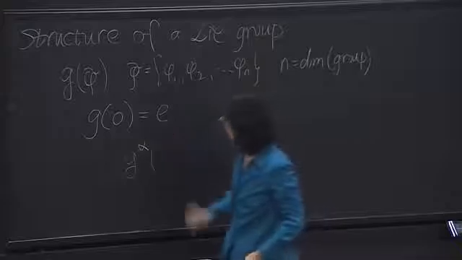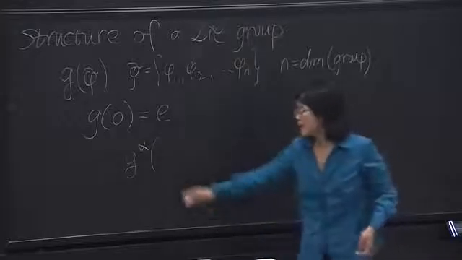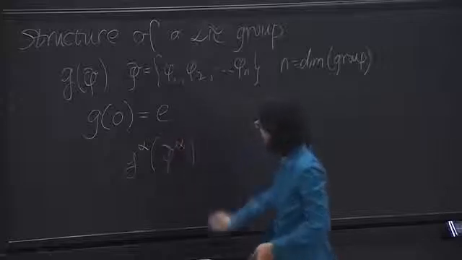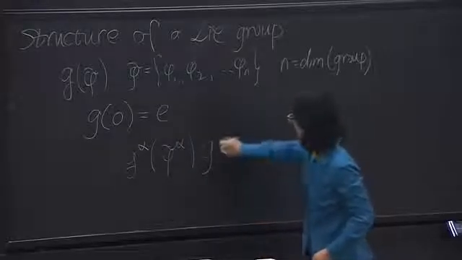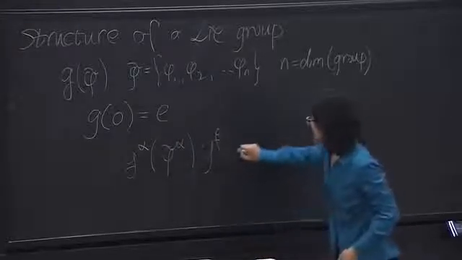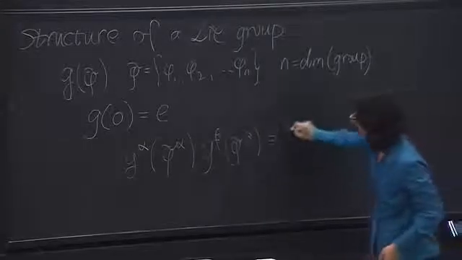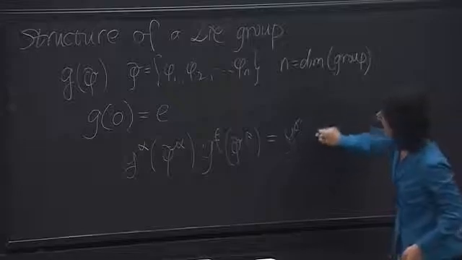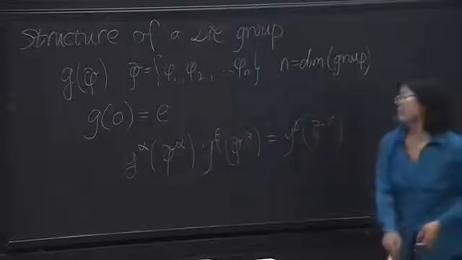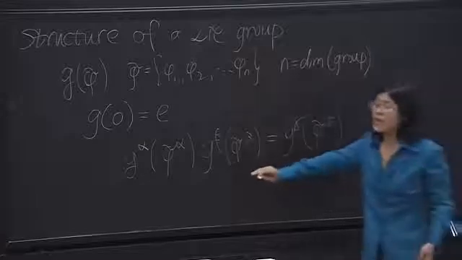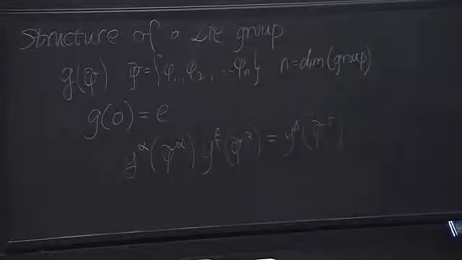So what we say is there's going to be a group element, G alpha, depending on phi tilde alpha, multiplied by another group element depending on some other parameters, and they give us a third element, depending on phi tilde gamma. So this is really group multiplication. We are given this by the group.